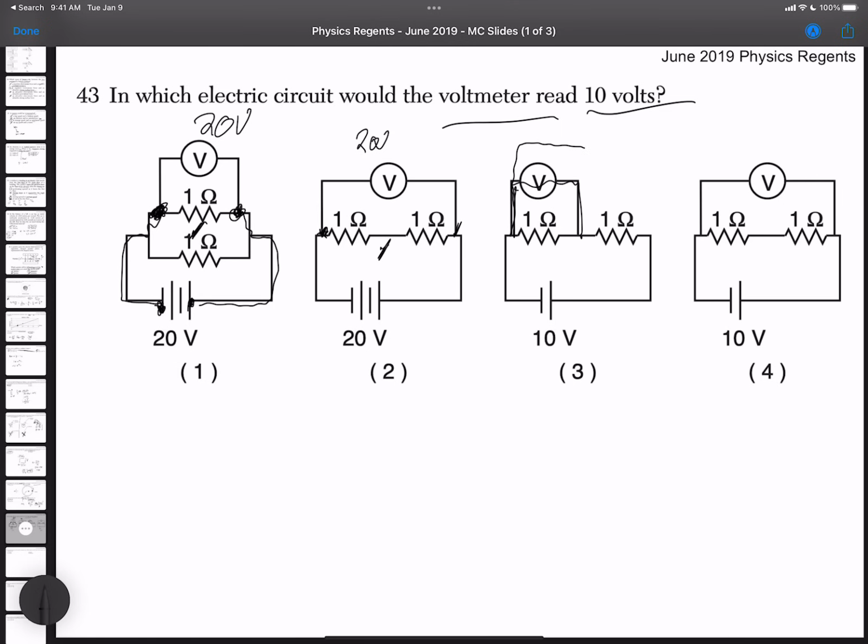If our voltmeter was connected as so, then we would find that the potential difference would be 10, but because it's only over one of the resistors, this potential difference would be 5 volts. And so that is not our answer choice. So not 1, not 2, not 3. We're left with 4, but let's verify it. You can see in 4, it's this scenario I was just describing where we're connected at either end of the 10 volt source.